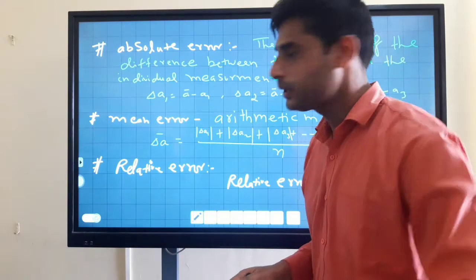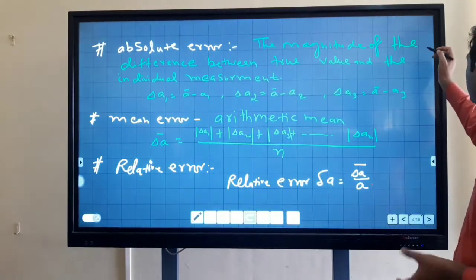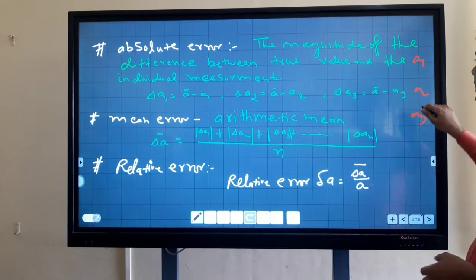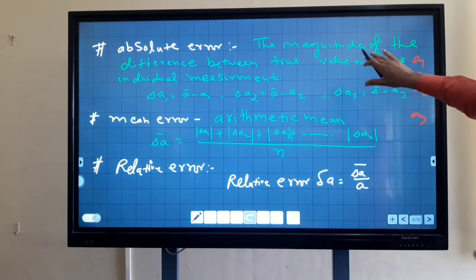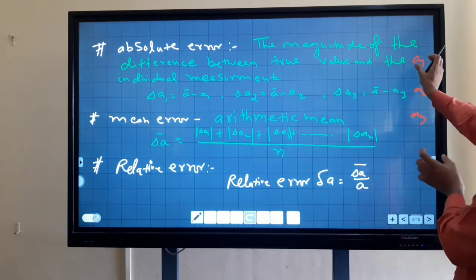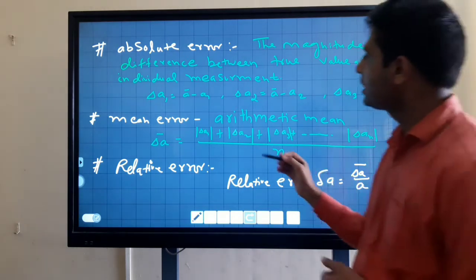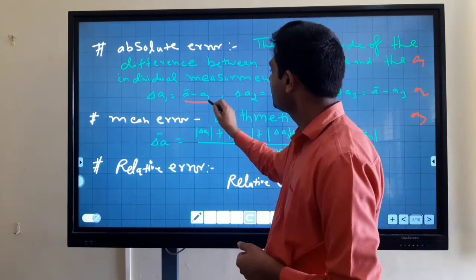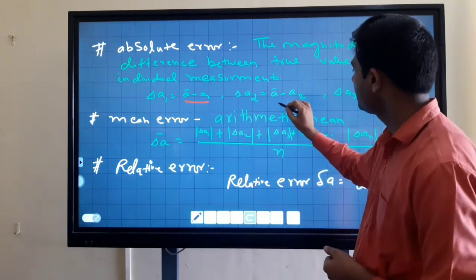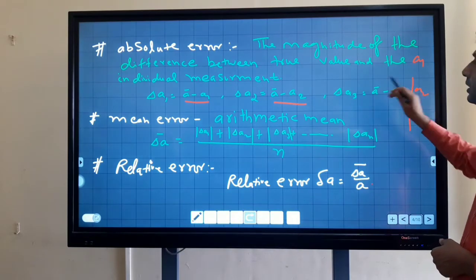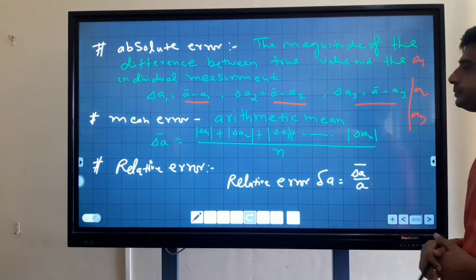If in an experiment an observer takes readings A1, A2, A3, then the difference between the true value and each individual experimental value is known as absolute error. So it is the absolute error in the first reading, in the second reading, and in the third reading.